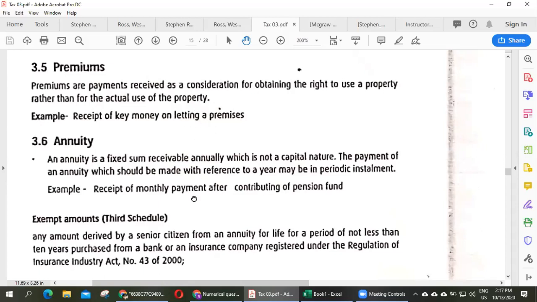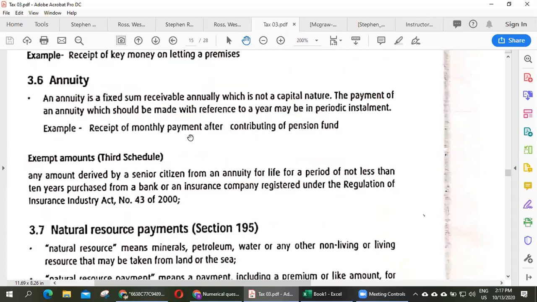Annuity. An annuity is a fixed sum receivable annually which is not of a capital nature. Payment of an annuity which should be made with reference to a year may be a periodic installment. Example: receipt of monthly payment after contributing to a pension fund.